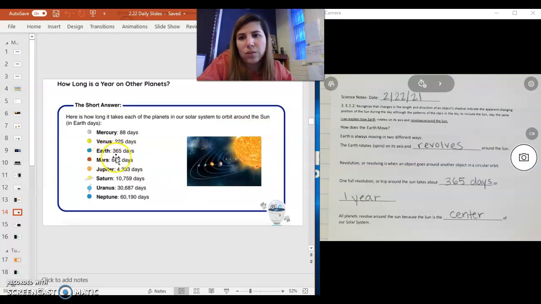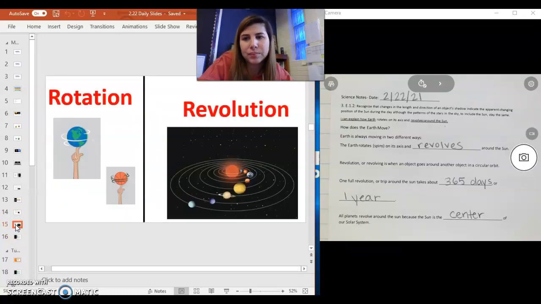Here we've got Earth, 365 days, and again, noticing planets that are closer are going to have shorter years, and planets that are farther away, those outer planets, are going to have especially longer years. Pretty interesting. So just to recap what we've been talking about, rotation, or imagining spinning like a basketball or spinning on its axis.